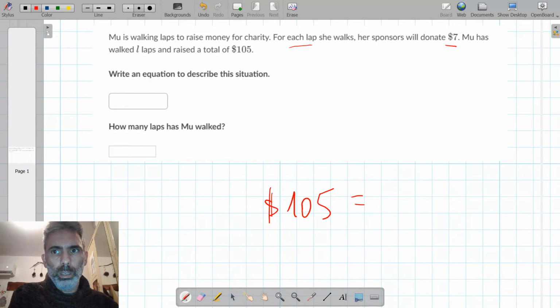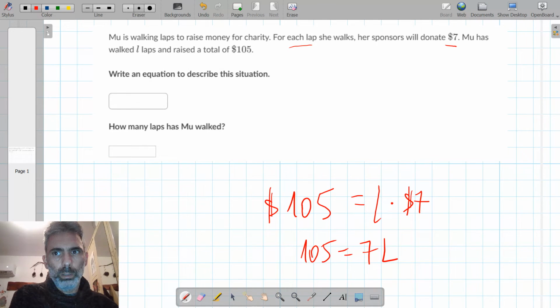And in order to get this amount, she walked L laps, and each lap she got $7 for. So 105 equals 7L. This is the equation.